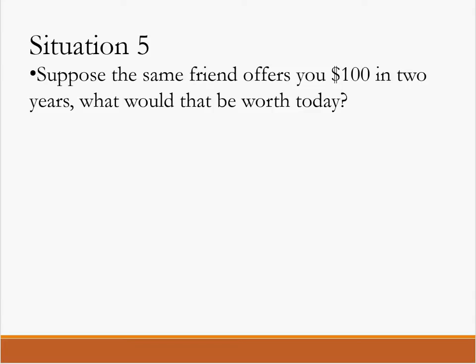Okay. So let's think about how we would answer this. So let's get to Excel, and we'll do this in parts here. So let's make a timeline here. So we have 0, 1, and 2, and we know that we have 100 here. Okay?